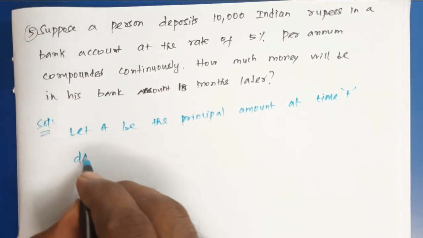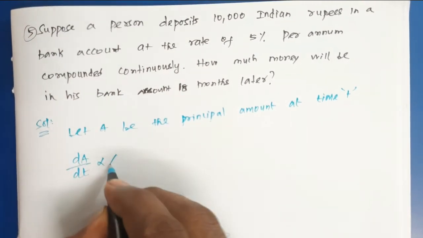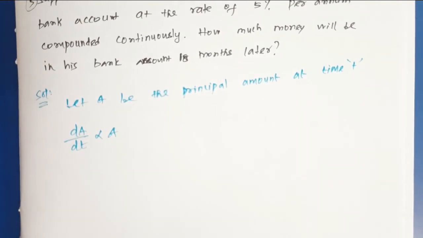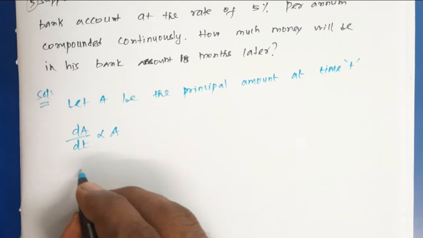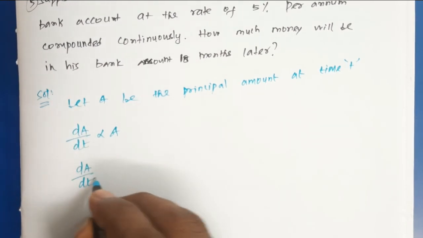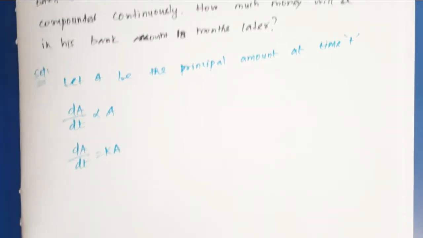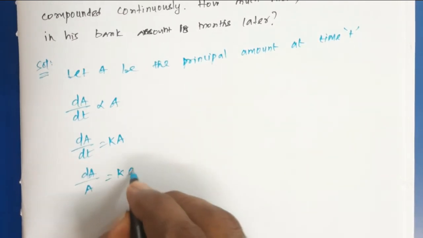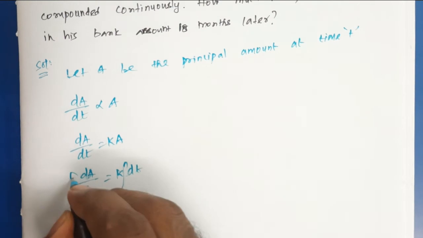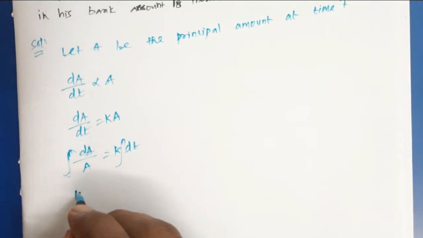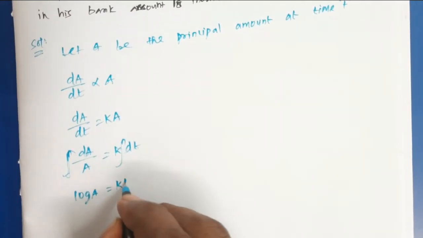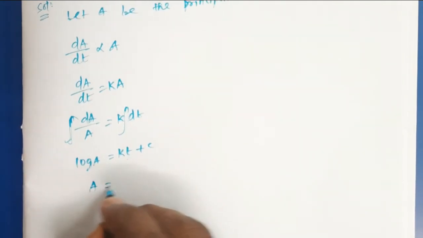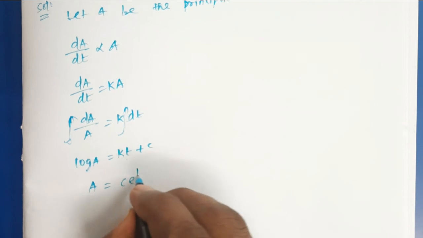So dA by dt is proportional to A, since the derivative is proportional to A. So dA by dt is equal to kA. By separating variables, dA by A is equal to k dt. Integrating on both sides, we get log A is equal to kt plus C. Taking exponential on both sides, A is equal to C e power kt.